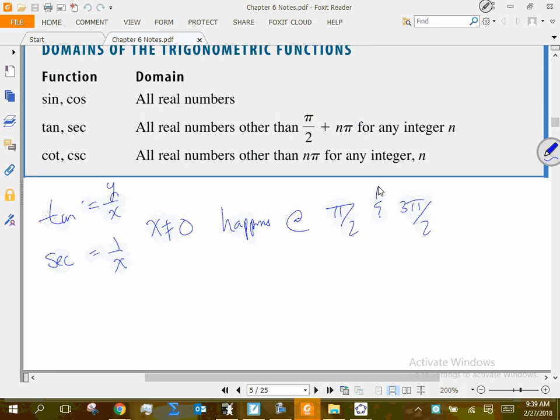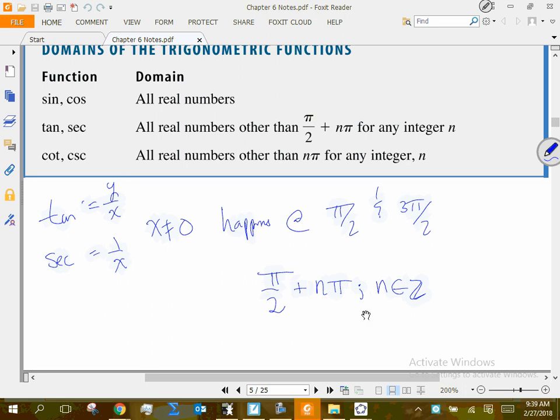Now, if I want to keep going around the unit circle multiple times, I can say pi over 2 plus n pi, where n is an element of the integers. So if n is 1, I'd have pi over 2 plus pi, well, that's 3 pi over 2.